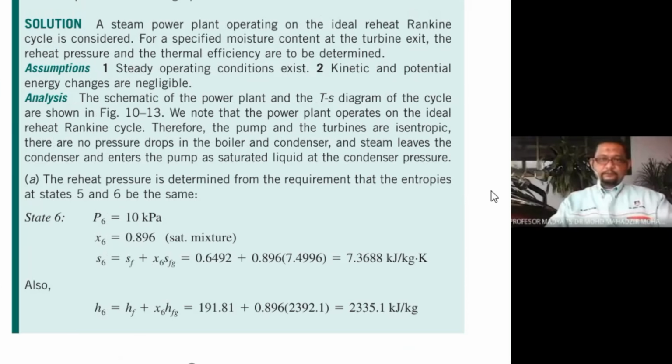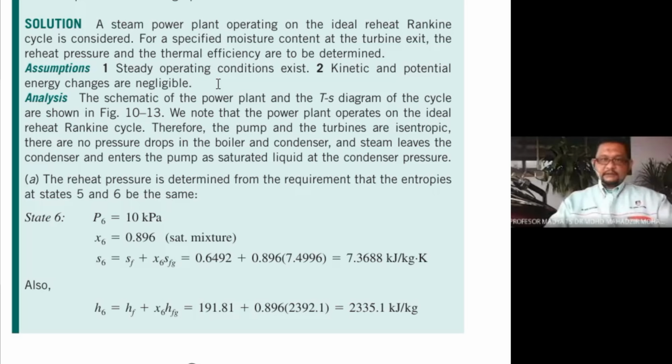First of all, you know the question is about a steam power plant operating in the reheat cycle. So you have to consider this a reheat Rankine cycle. It has moisture content at the turbine exit, and the assumptions you have to make are: number 1, steady operating conditions exist, and number 2, kinetic and potential energy changes are negligible.